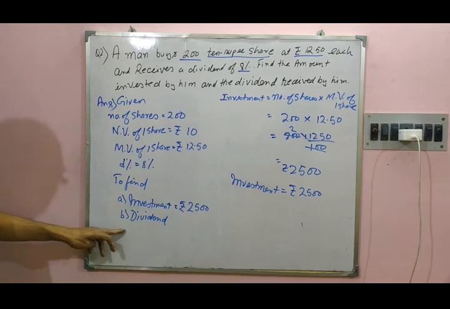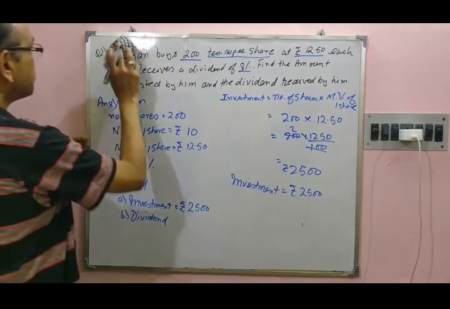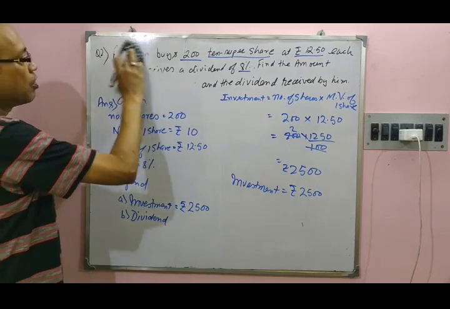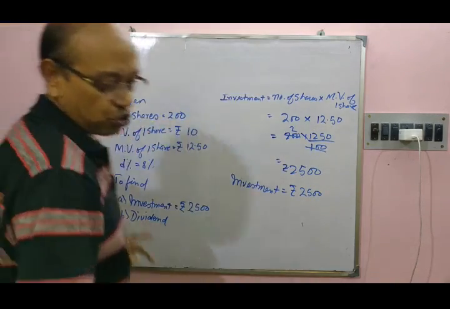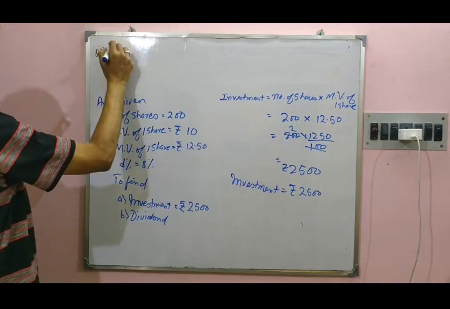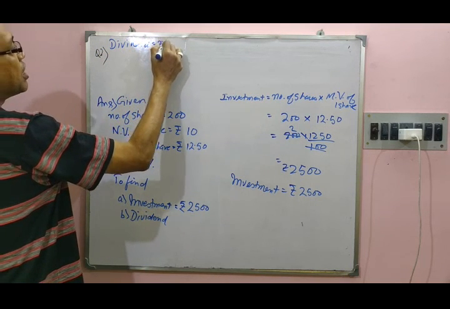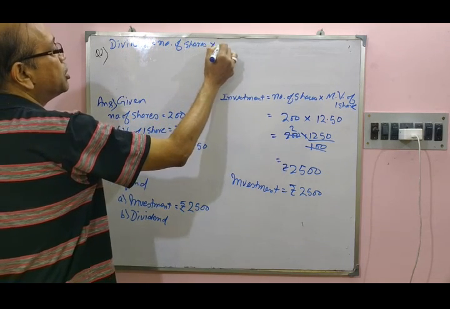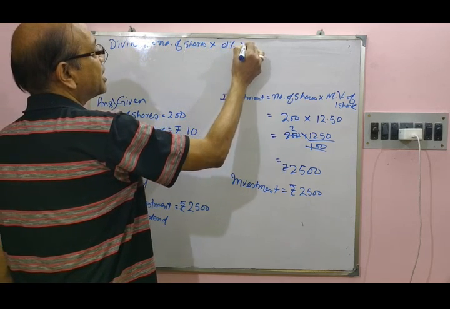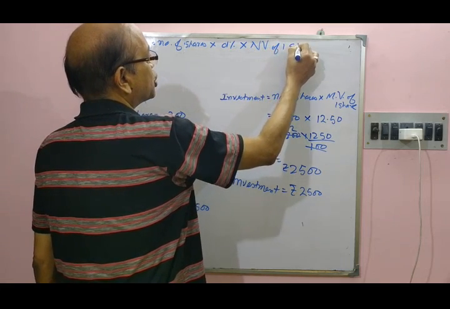Now we have to find dividend. What is the formula for dividend? The space is small, so I'm rubbing this and doing it here. Dividend is number of shares into D% into, note here, nominal value of one share.